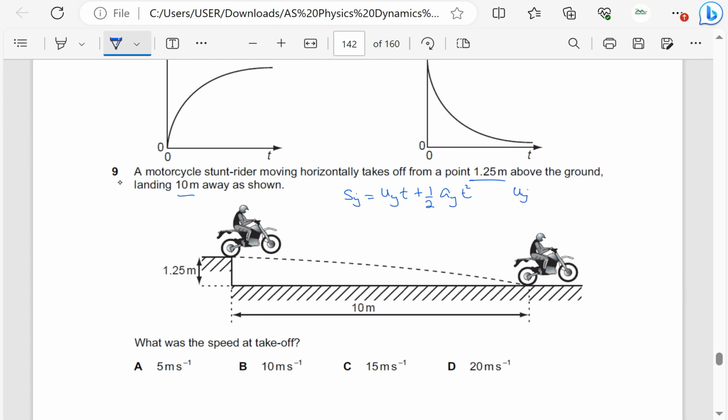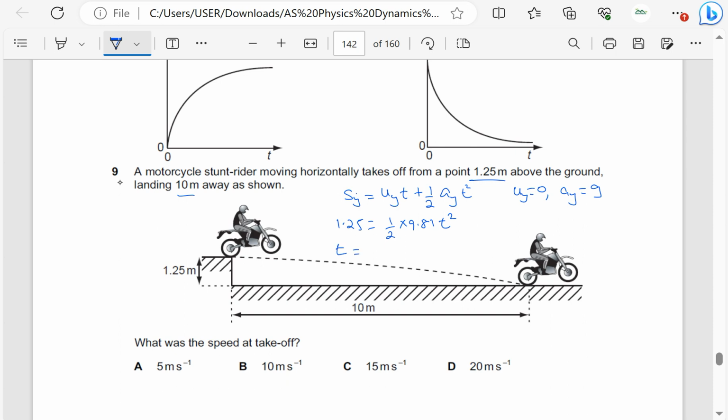Initial velocity in the vertical is 0 because the motion was horizontal. Acceleration in the vertical is going to be g. So in the vertical, it moves a distance of 1.25. So 1.25 meters is equal to a half times g, which is 9.81, then times t squared.